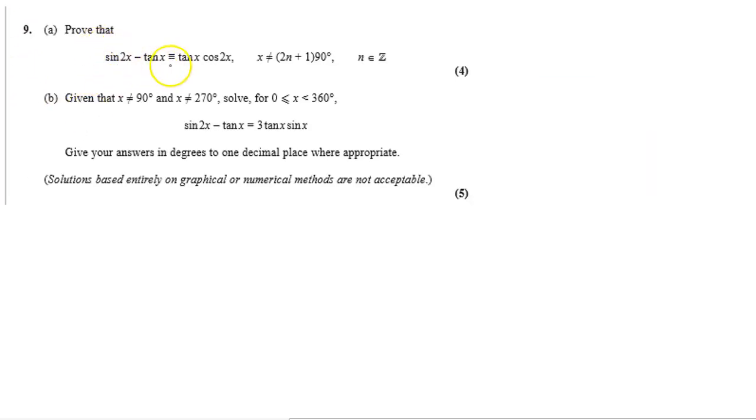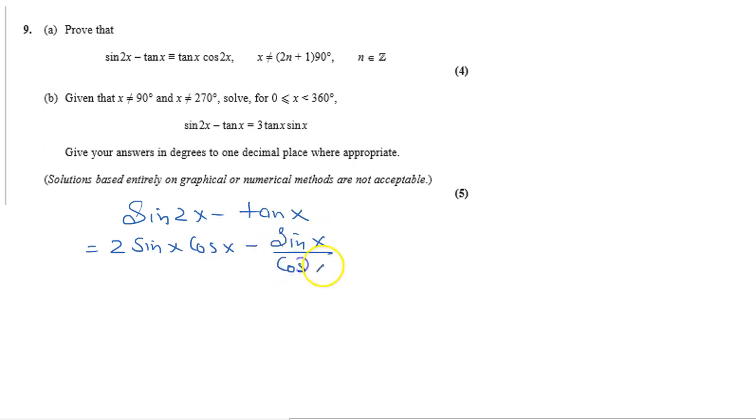Now prove that sin 2x minus tan x is equivalent to tan x cos 2x. So sin 2x minus tan x. Sin 2x is 2 sin x cos x, minus tan x, which is sin x over cos x. If we take cos x as the LCM, this will be 2 sin x cos squared x minus sin x.